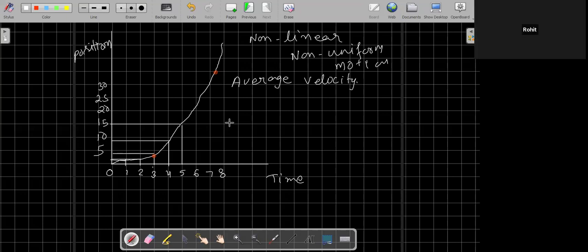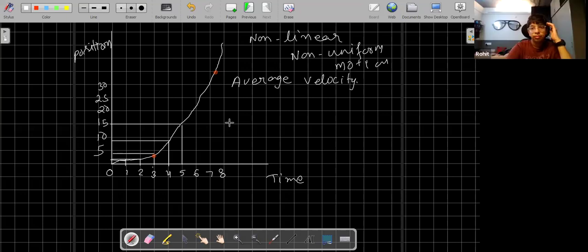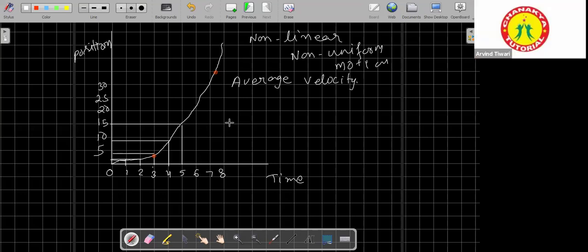This is just the average velocity, which we get as displacement by time or position over time. So these two graphs are possible.